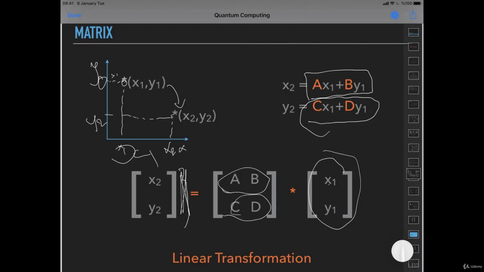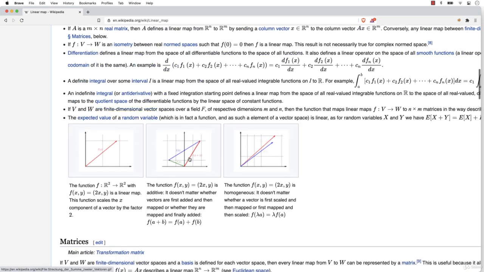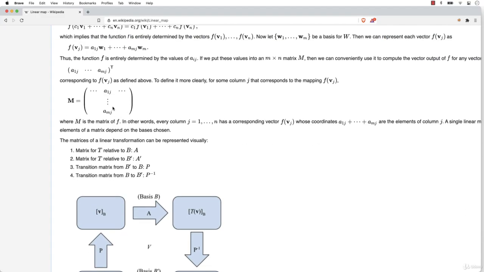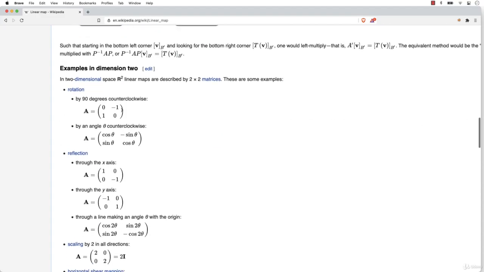But as you can see, if you just do this calculation, x2 is equal to ax1 + by1, and y2 is equal to cx1 + dy1. So it actually transforms some vector into another state, and this is what we're going to be dealing with a lot during the quantum computations.